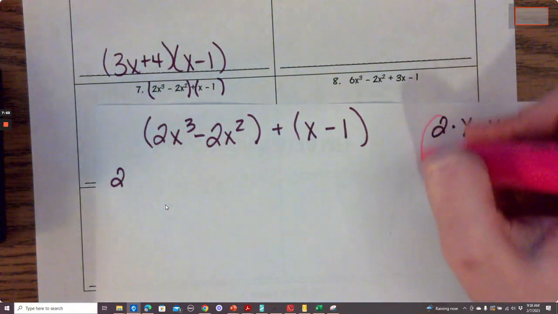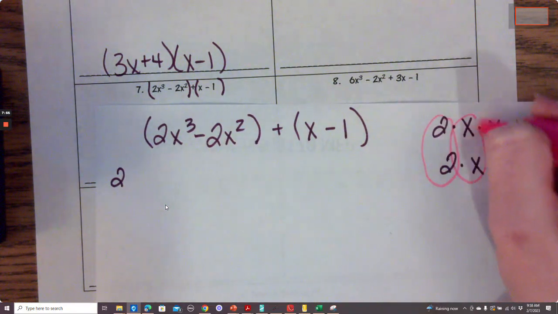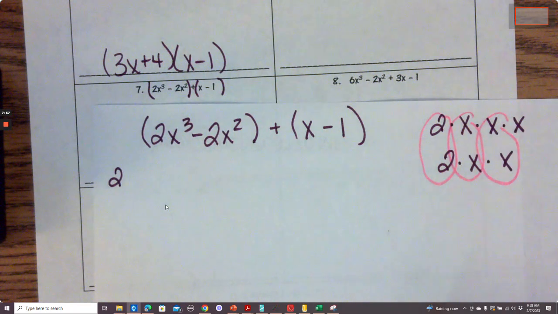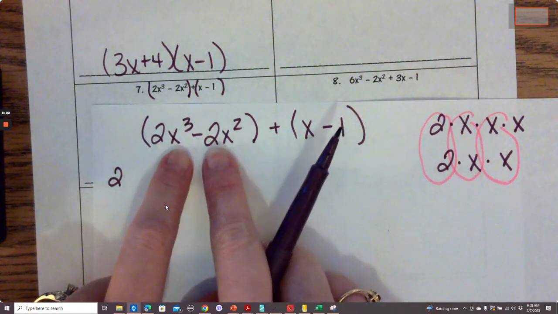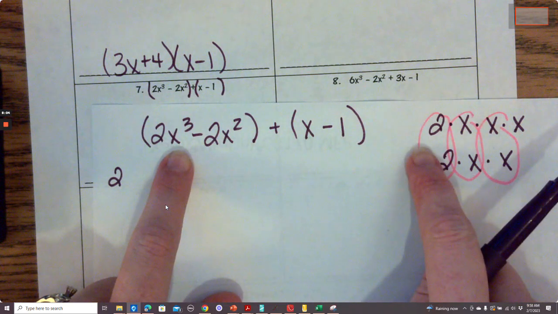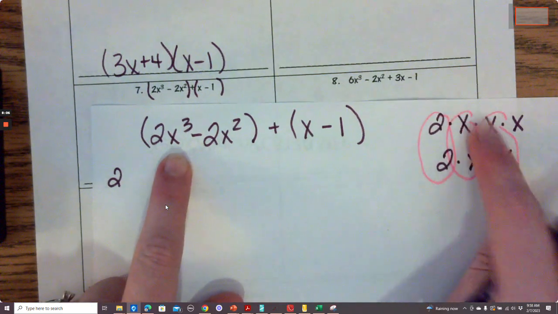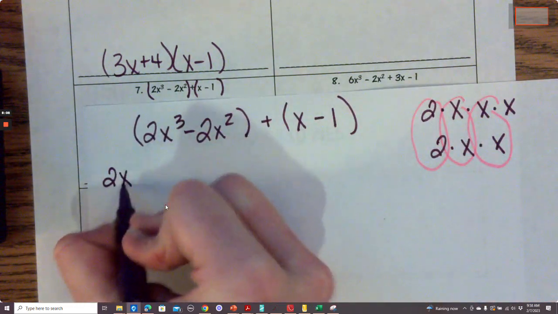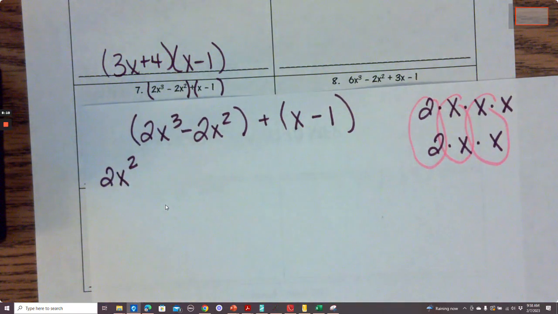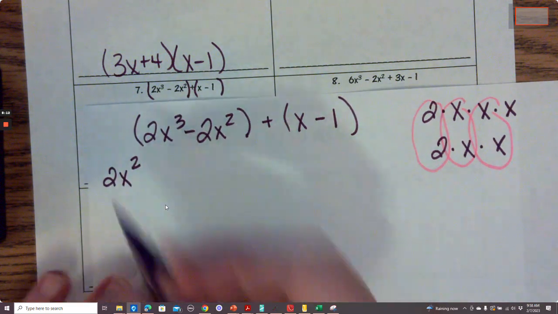So they've got a 2 in common. They've got an x in common. They've got another x in common. So what I can do is pull a 2 and then a set of x's and a set of x's. I can pull x squared out of it. Okay.